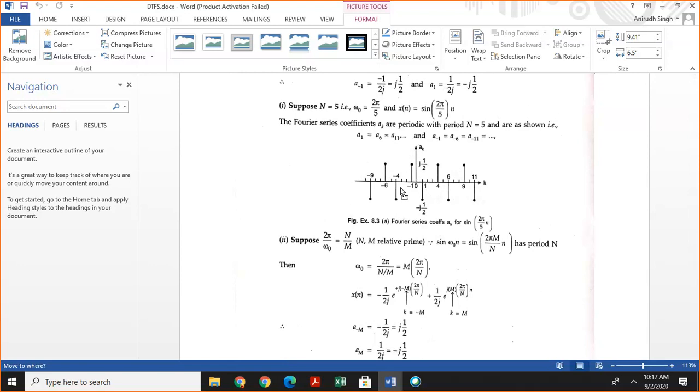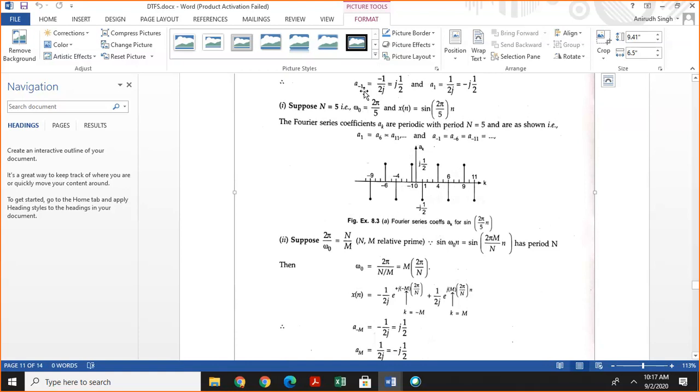Similarly, a minus 4, if we add plus 5 in this, we get minus j by 2.